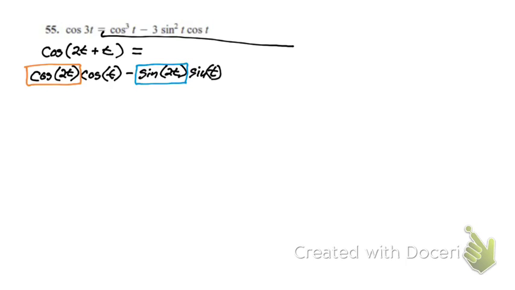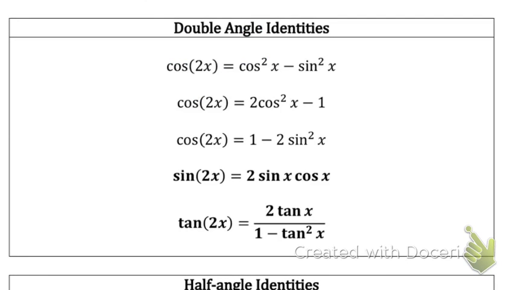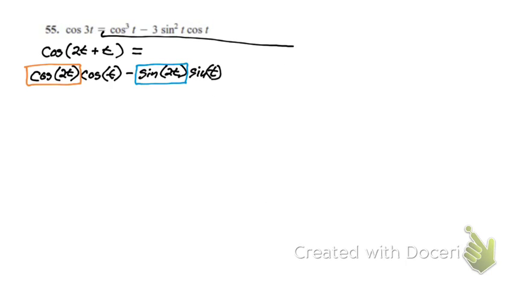So let's just do some trial and error. Let's just start from the bottom. Let's replace cosine 2t with 1 minus 2 sine squared t and see what happens. So I'm going to replace this with 1 minus 2 sine squared t, and we still have that cosine t out front. What I'm thinking in my head is I need to distribute this cosine t to everything. If I distribute it here, I just have a plain old cosine t.